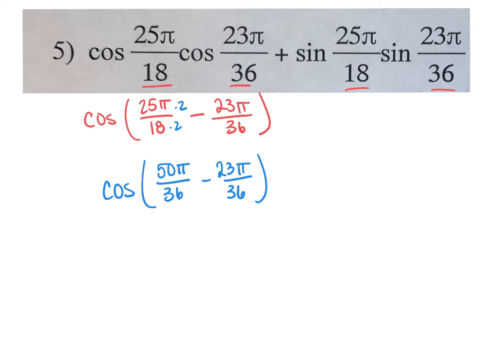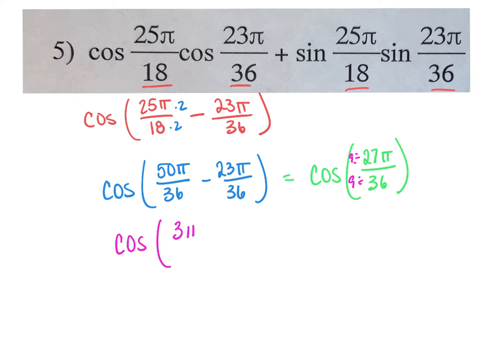What is 50 minus 23? 27 pi over 36. What goes into both 27 and 36? I'm going to divide these by 9 to reduce my fraction. 27 divided by 9 is 3, 36 divided by 9 is 4. Cosine of 3 pi over 4.